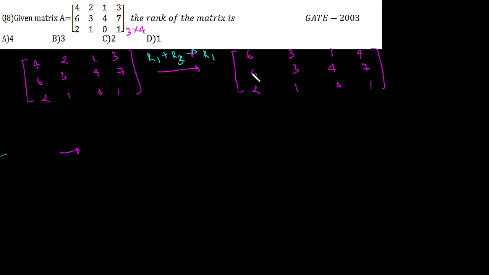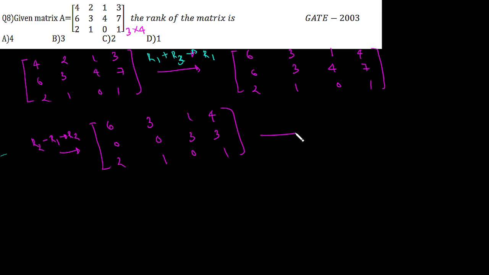Here let's subtract this first one from this second one, which is R2 minus R1 will give new R2. So now this first will remain as it is. Now here we got 0, again 0, 3, and here also 3. Now here 2, 1, 0, 1.